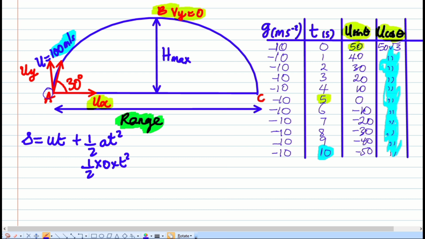Since zero times anything is zero, this part is going to be cancelled. We don't need it. So we just want to know that S is equal to initial speed times time. And remember, in this case, since S is distance and our distance now is range, I can rewrite this to be range, which is R is equal to UT.